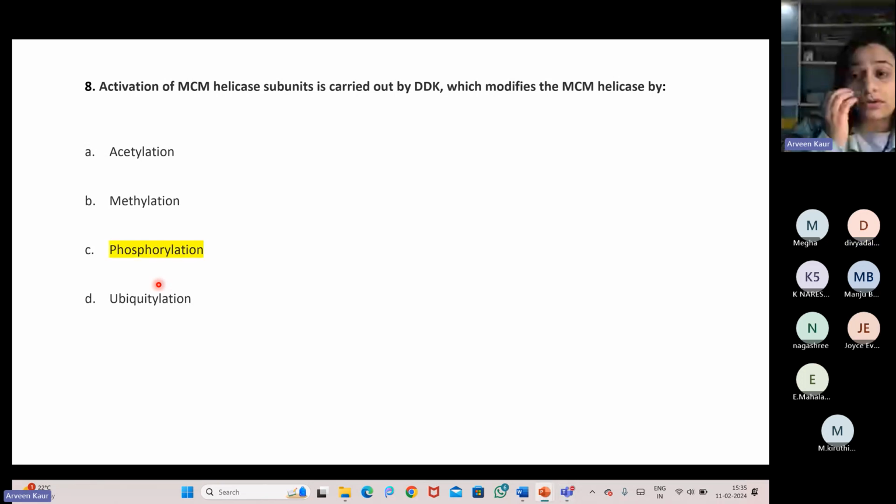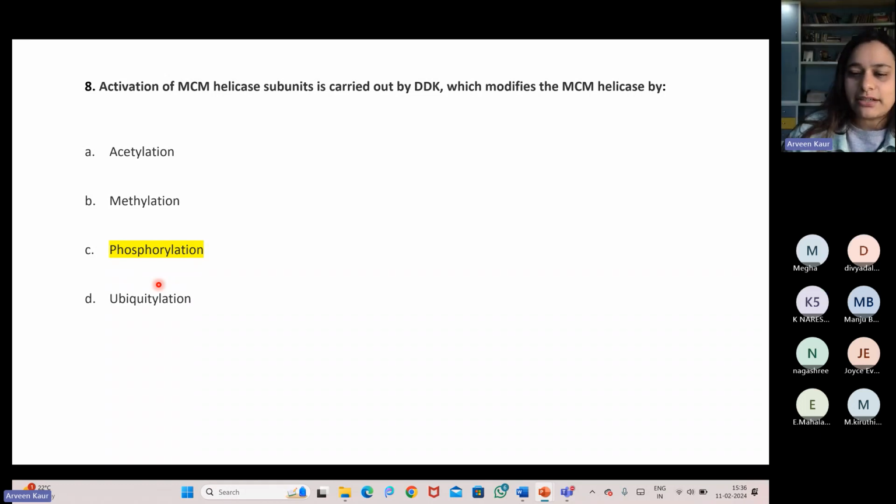It could be possible that you have not been taught specifically that DDK is going and phosphorylating the MCM helicase such that it is getting modified in some way. That is very much possible. But when such a question is asked, what you have to look at is that DDK, if it is causing these kinds of modifications, is going to be an enzyme.